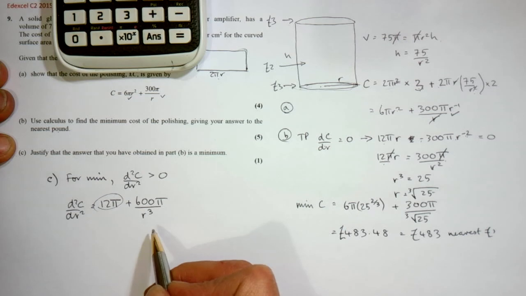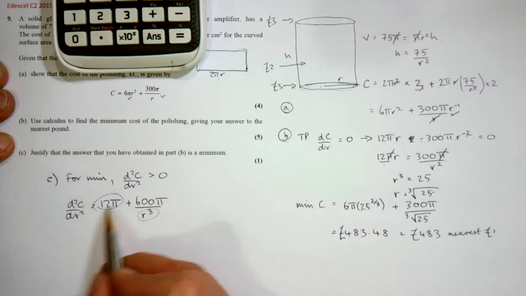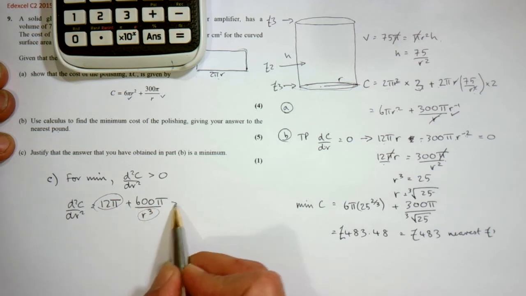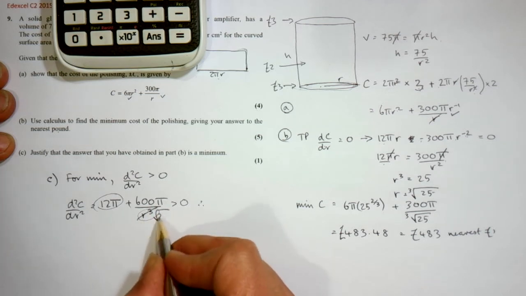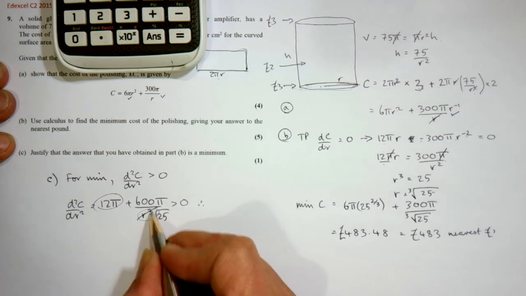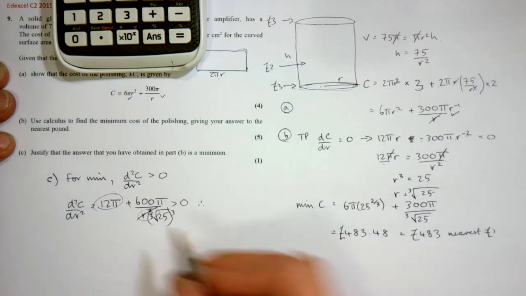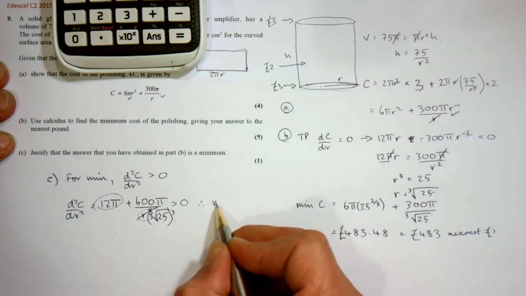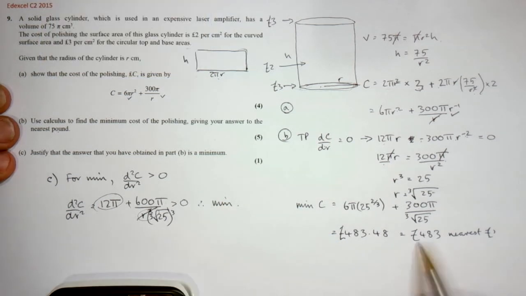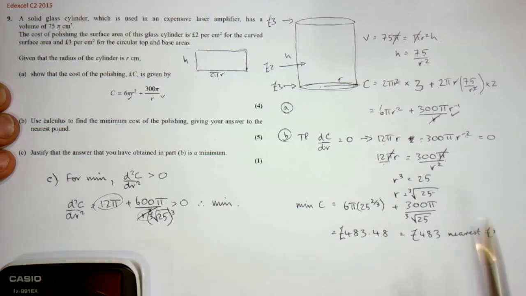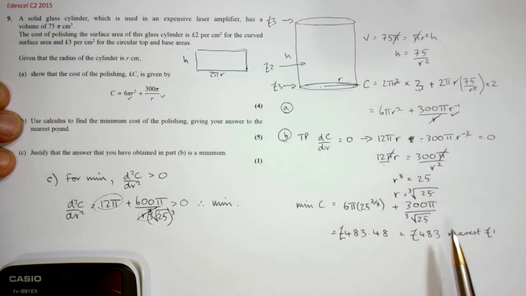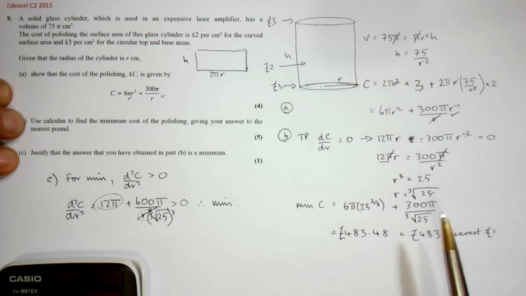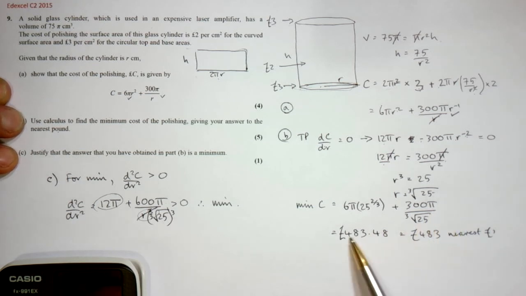Well, this is positive: 600 pi divided by a positive is positive, so positive plus positive is positive. Therefore, the cube root of 25 cubed is just 25, therefore it is a minimum. Check that this is a good minimum, because if r is different to the cube root of 25, then the cost is going to be bigger than £483.